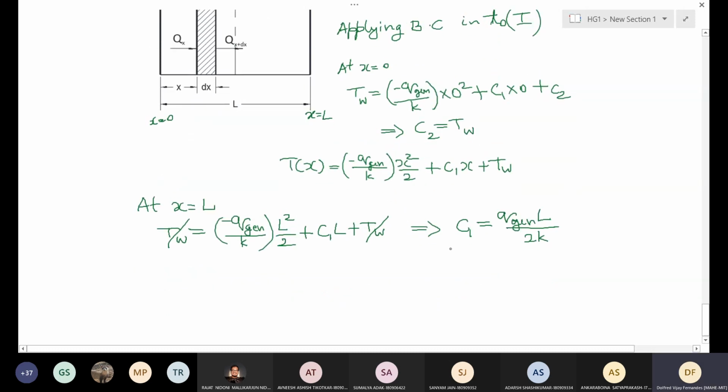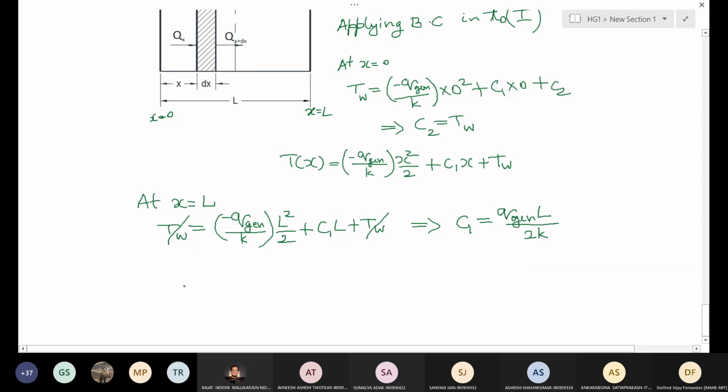Okay, now substitute into this equation and we can write the temperature profile T of x equal to. So first I will write the T wall, the constant value wall temperature. Then C1 into x, that is Q generation into L by 2K, into x. Then minus Q generation divided by 2K into x square.